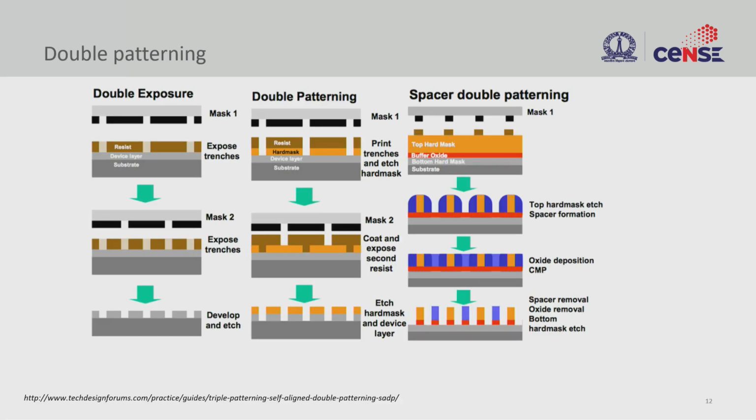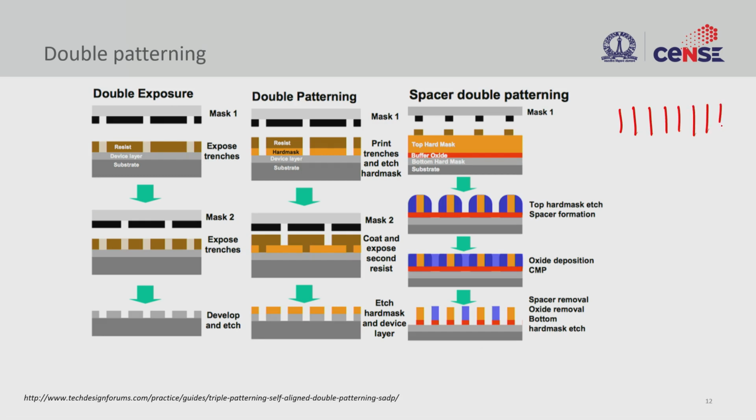Let's look at that. One way of reducing k is by doing double patterning. Here the illuminating optics and the resolution of the illumination system are kept constant, but we do repetitive patterning. So you divide your pattern density by 2.